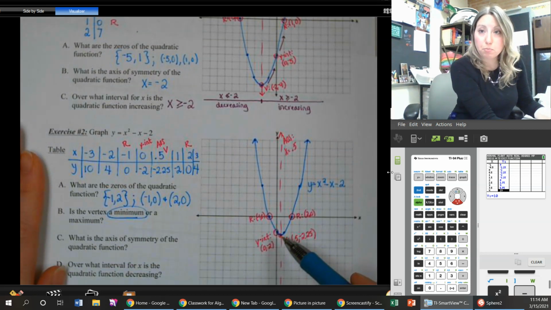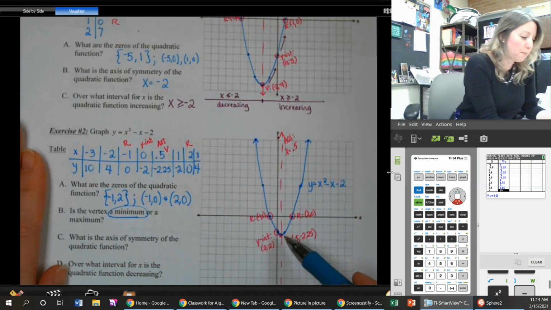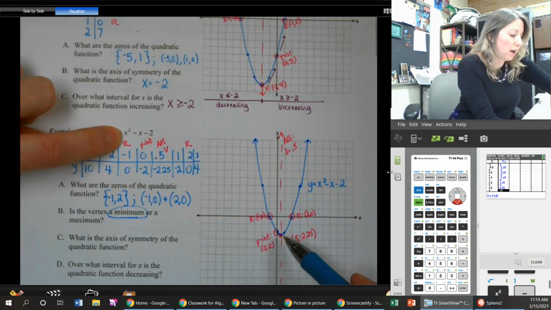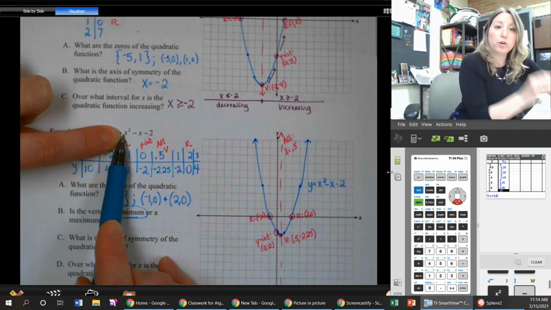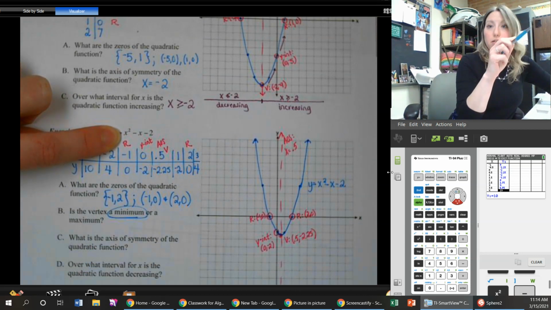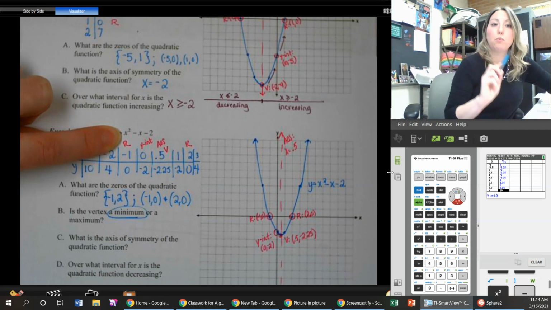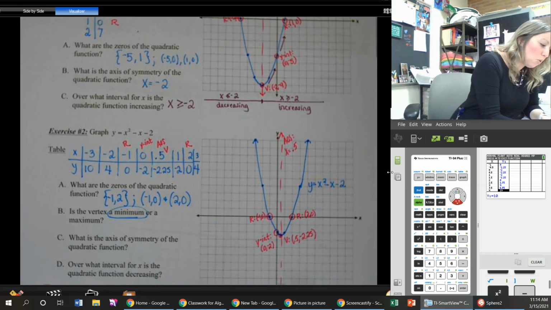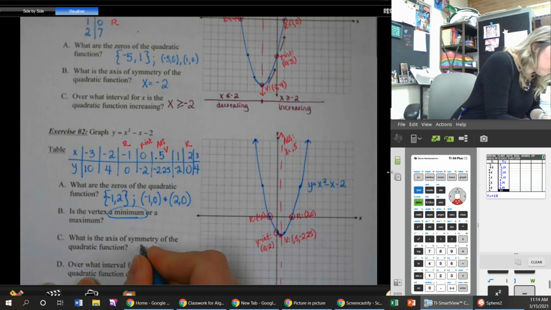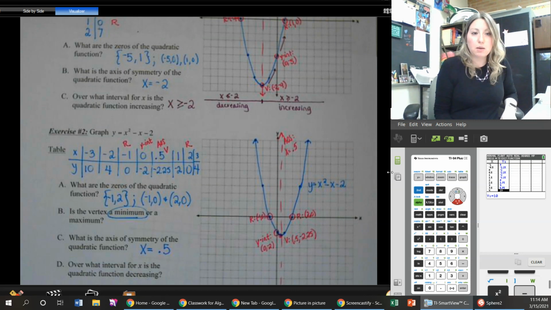It's the lowest point this parabola will go, and then it turns right back around. We could also see that by the fact that this is a positive x squared here, which means this is a smiley face parabola. Smiley faces have a low point. What is the equation of the axis of symmetry? X equals 0.5 or 1/2, same deal.